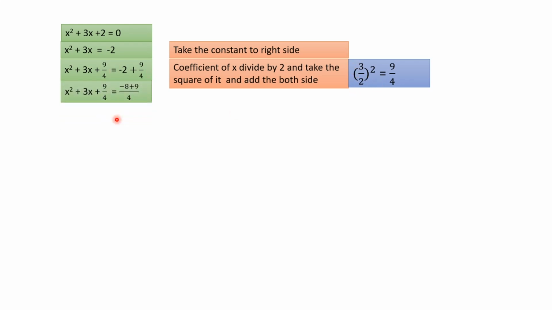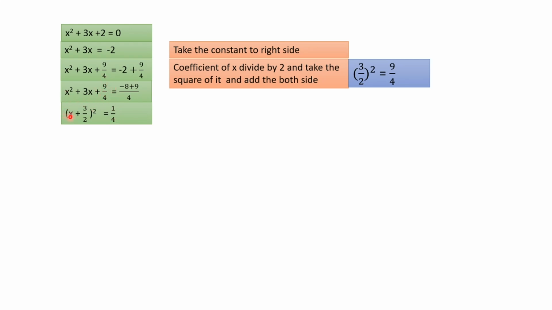So look at this, this is the fraction solution. You have to take the common denominator. I take 4 here, so minus 2 multiplied by 4, it is minus 8. Then solve this one, you get minus 8 plus 9, it is 1 over 4 and 9 by 4.